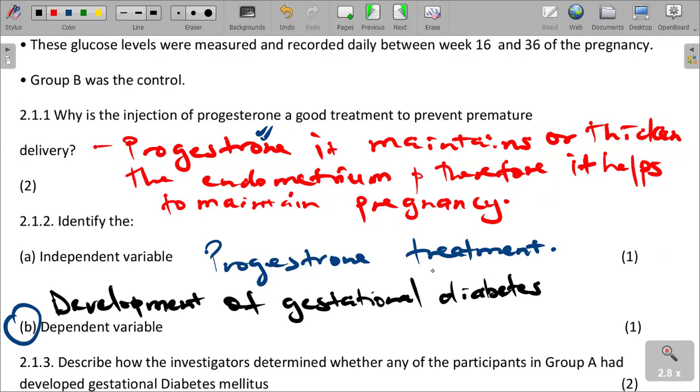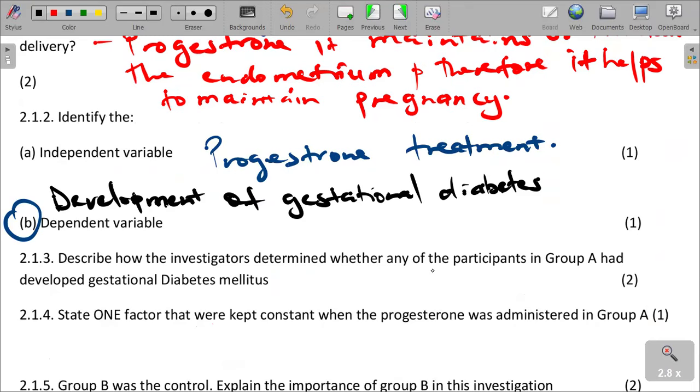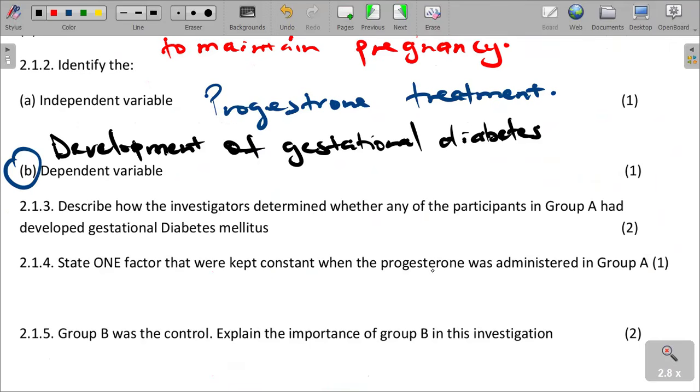It is as a result of the treatment with progesterone. So treatment with progesterone is the independent variable, and the dependent is the development of gestational diabetes. If people are not treated with progesterone, they may have fewer chances of diabetes. So that is how we can work that out.